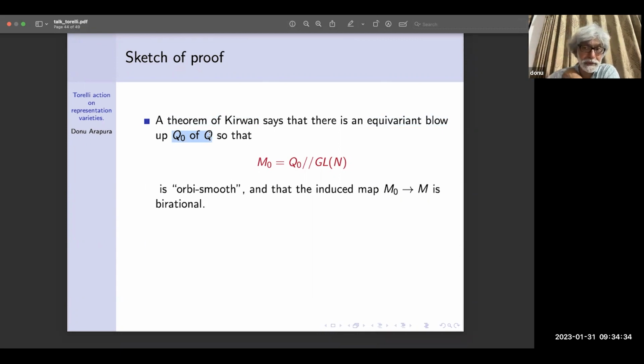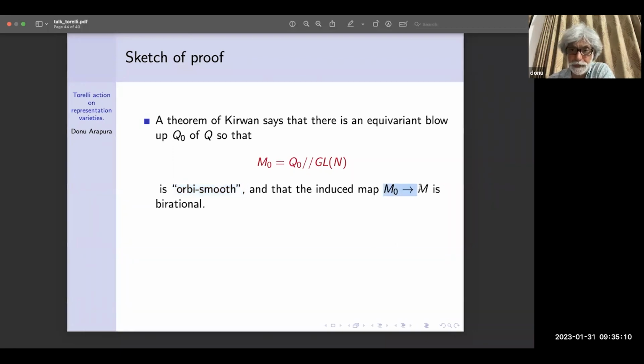It means it's going to be a sequence of blowups with G-equivariant smooth centers, and the quotient M naught, the GIT quotient, is orbifold smooth, by which I mean it has only finite quotient singularities. So it's a rational homology manifold. In some sense it's as good as smooth.